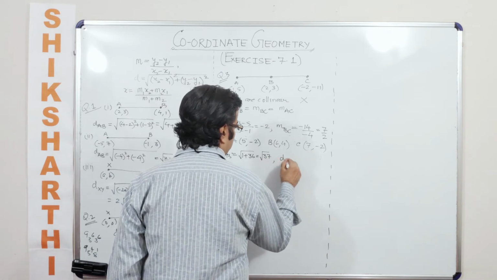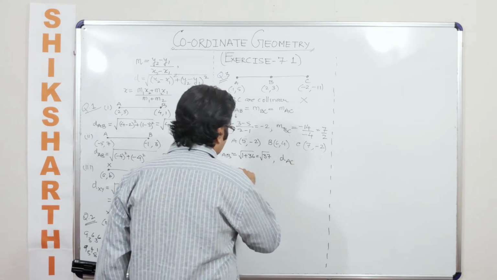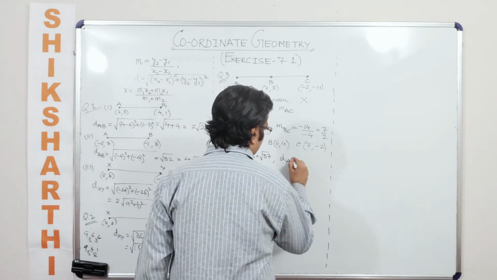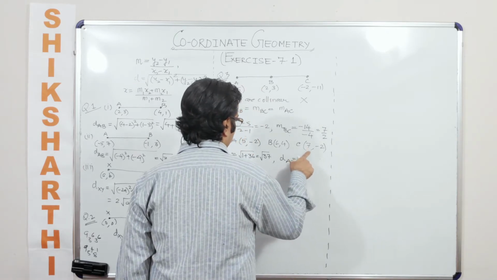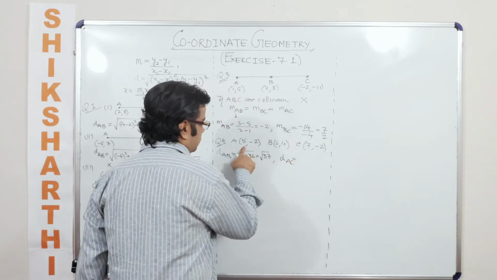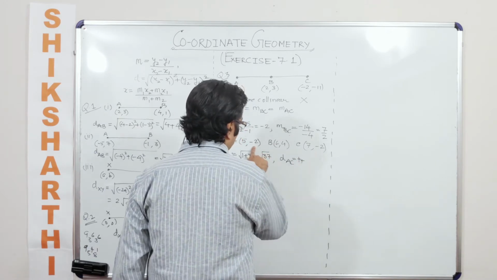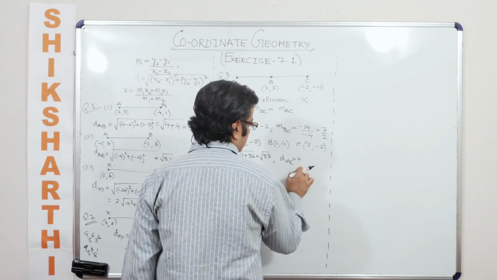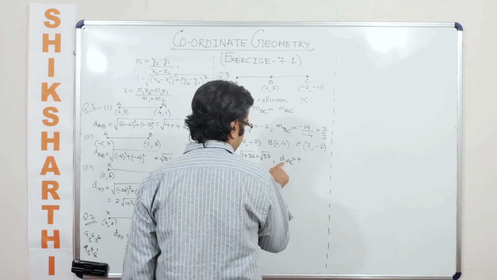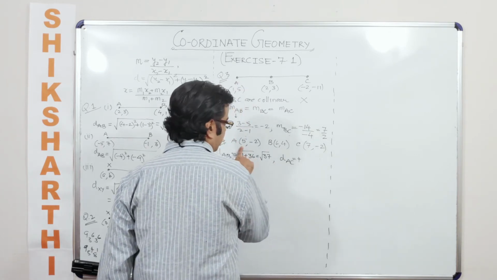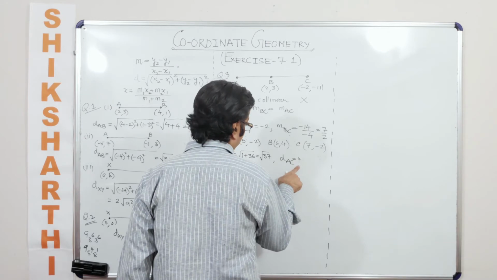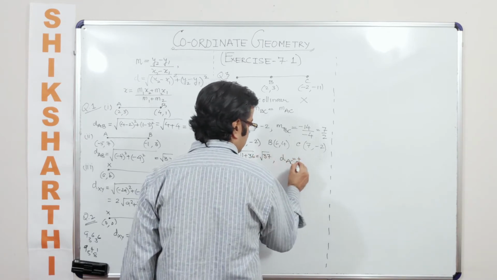Now, if I find the distance AC, the length of the line segment AC, can I say this is nothing but x2 minus x1, which is 2, squared, which is 4, plus minus 2 plus 2? So we are finding the distance. 7 minus 5 is 2, 2 squared is 4, and minus 2 plus 2 becomes 0.